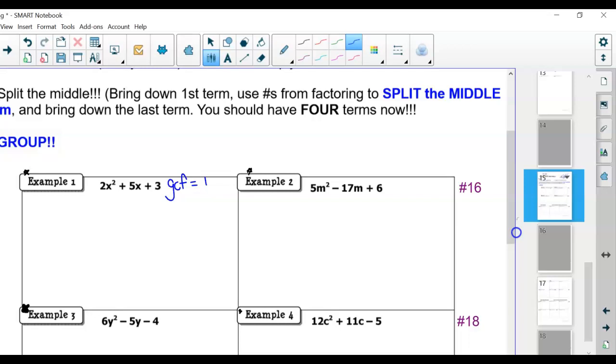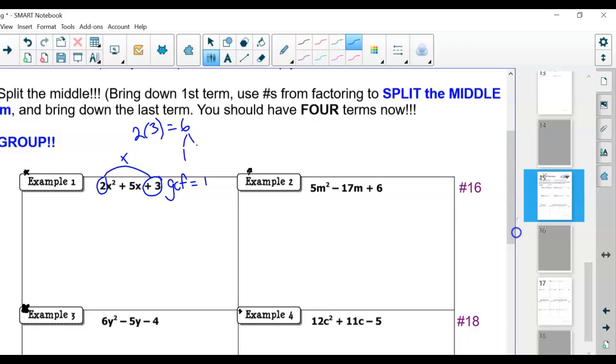Now I'm going to take the number in front of x squared and the constant, so in this case 2 and 3, and multiply them together. Well, 2 times 3 is 6. Now I need to look for 2 factors of 6. Remember, if you don't know all your factors, you can start listing them out, start dividing.